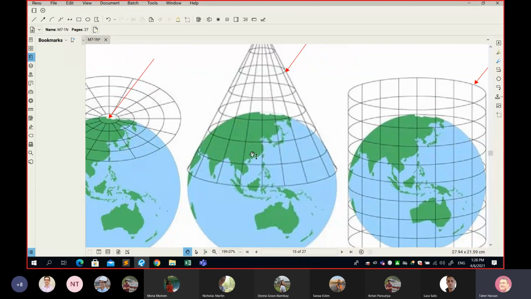For the conical, you can see we can make our cone touch in this circle here. This circle is called the parallel of latitude, where the sphere or ellipsoid touches the cone. Any point along this parallel of latitude, does it have any distortion?